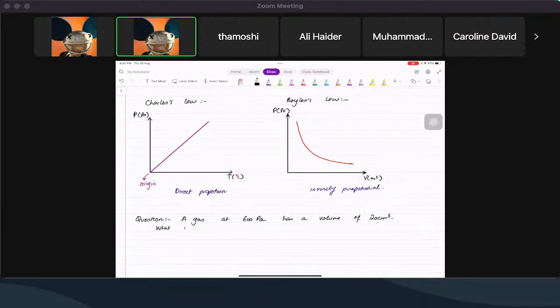What will be its volume when the pressure is increased to 800 Pascals? Can you do it? Try this, please.